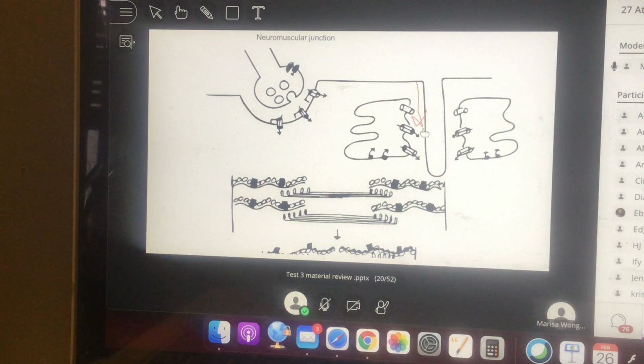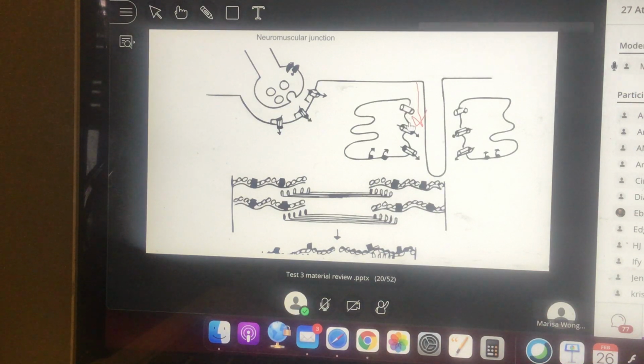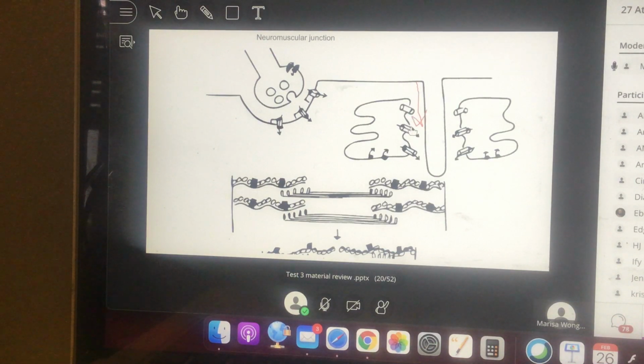This picture doesn't show it too well because we leave space to be able to draw things in, but in an actual cell, the T-tubule is basically touching the sarcoplasmic reticulum. So the action potential traveling down it triggers these to open. Okay.